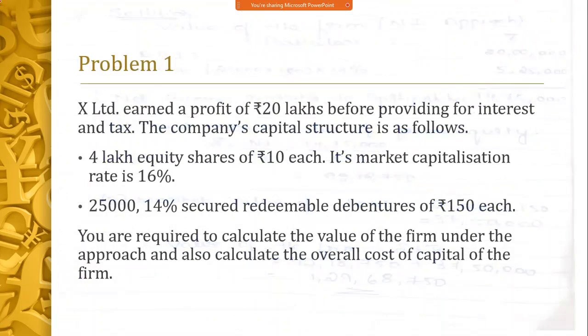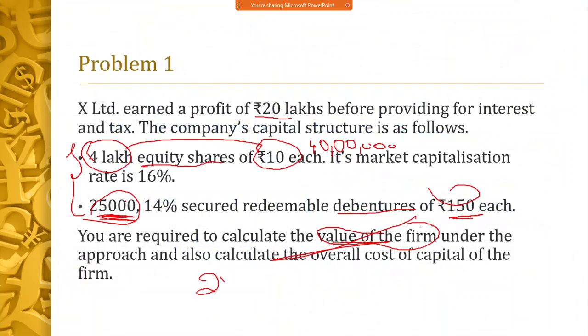Now to find the interest that has to be paid, we have to know the interest rate. The interest rate is given in the question as 14%. It is 14% secured redeemable debentures.